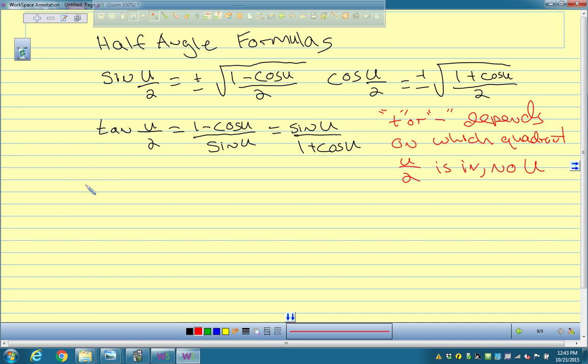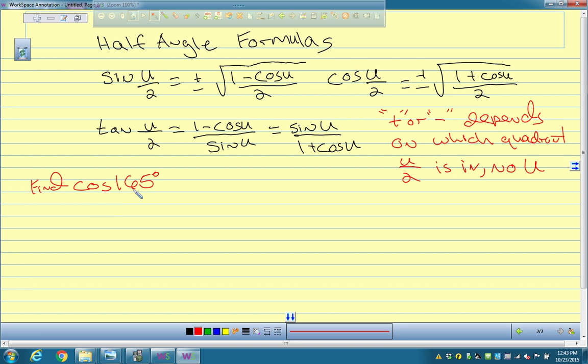But for these two you do. So an example of a problem you might see is: find the cosine of 165 degrees. We did this yesterday with the summation angle formulas, where we could say it's cosine of 120 plus 45.